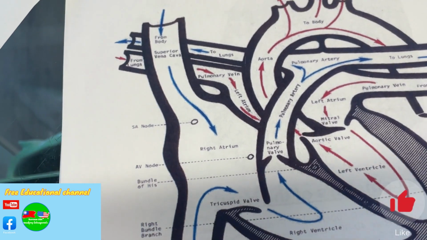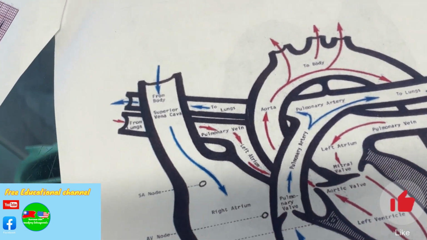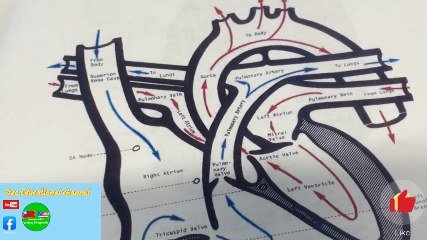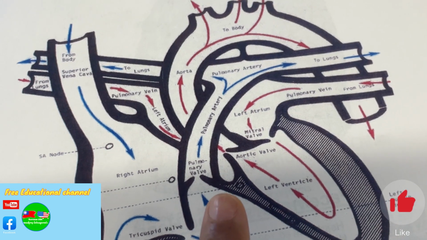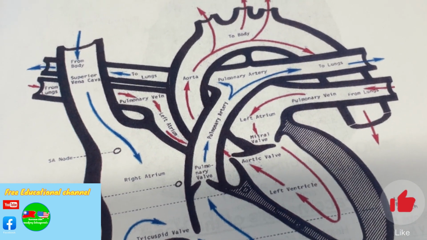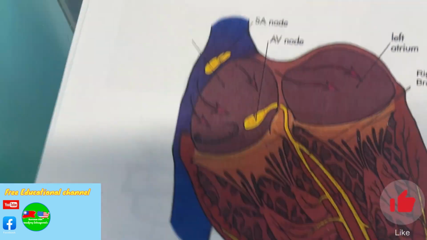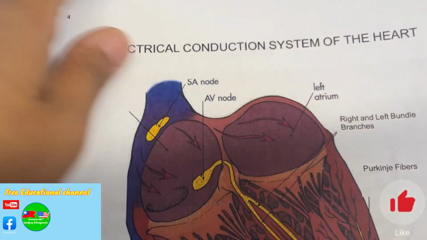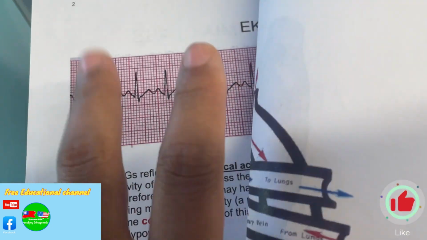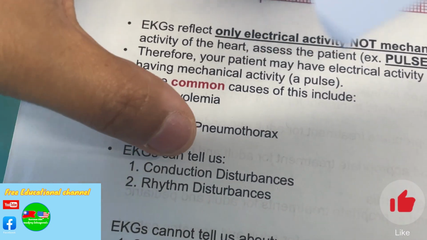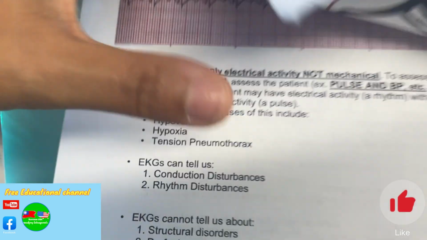Okay, so for example 2D echo, those echocardiograms, can actually tell you how much the heart is pumping, what percentage is pumping, all that good stuff. But EKG can tell you only electrical activities, conduction disturbances and the rhythm disturbances.